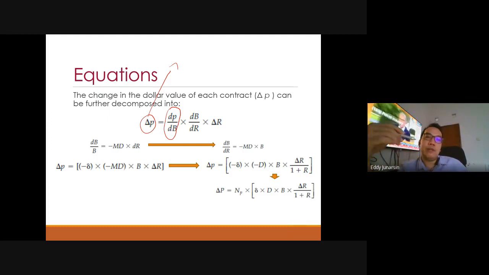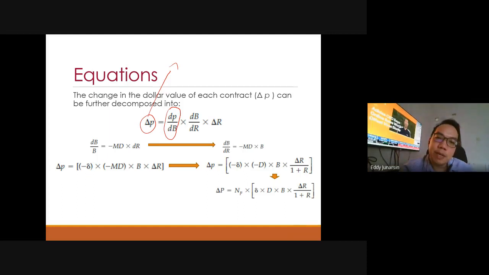We have assets in the form of bonds. We have liabilities in the form of bond issuance. But this bond is the underlying asset that we are using as a basis of the contract. So you go to the derivative market, you see certain bonds, then you use that one as a basis for your derivative transaction. So this is the underlying bond, right?